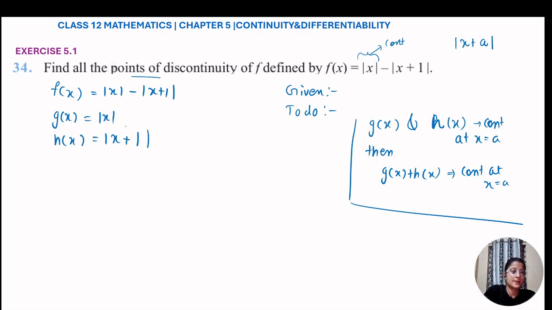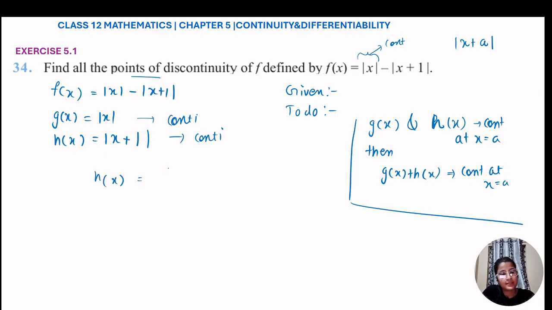Now, we know that the mod x function is continuous in its whole domain, that is in whole R, and our h of x is also continuous on whole R. I don't want to explain mod x in detail, because you already know we have done a lot of questions on this, but mod x is very easy. I will explain it for h of x.